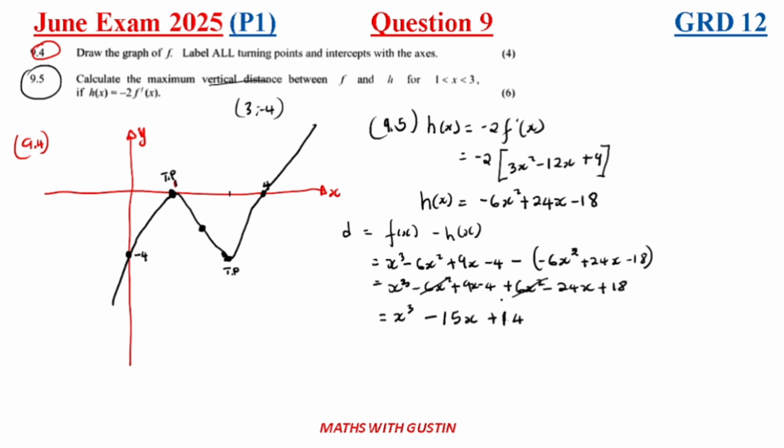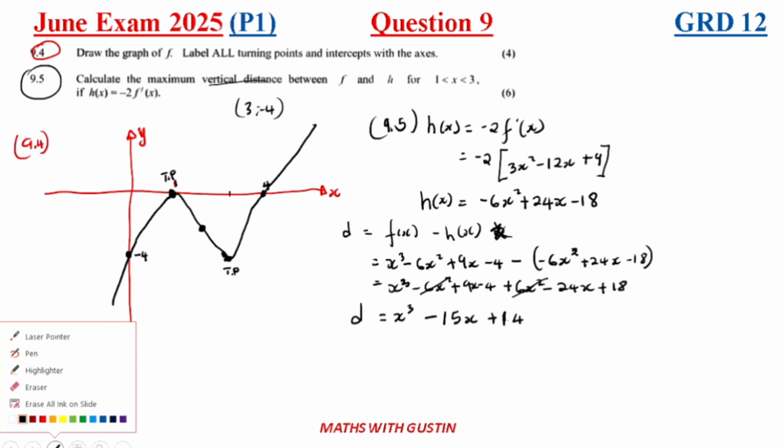So now, this is our new function. We need to find the derivative of this function, equated to 0, in order for us to be able to find the distance between the two functions. Okay, I'm going to say that again. After minusing the two functions, which is this part right here, let me use a different color so that you guys are following.